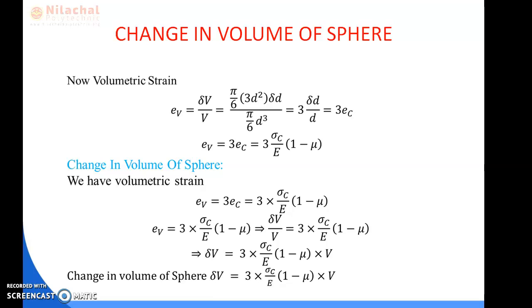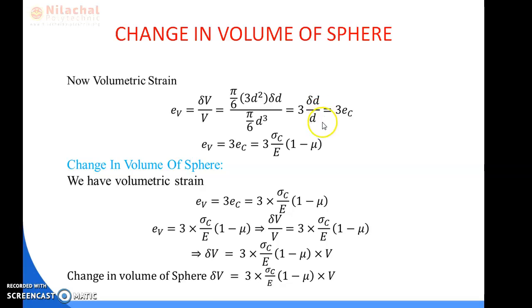Volumetric strain now will be obtained as EV is equal to change in volume by original volume, pi by 6 into 3d square into del D divided by pi by 6 into d cube. So pi by 6 will be cancelled out and d cube with d square will be cancelled out, remaining is d. Lastly we are getting 3 del D by D.